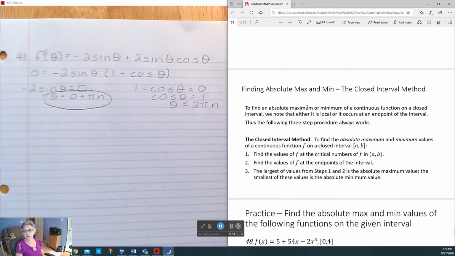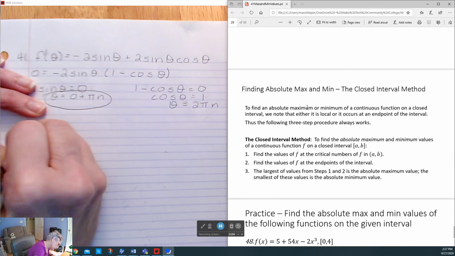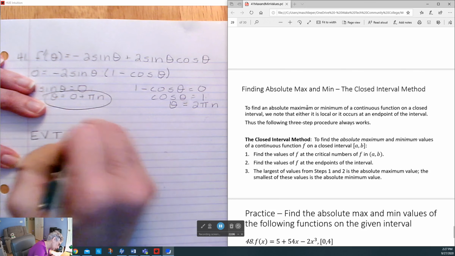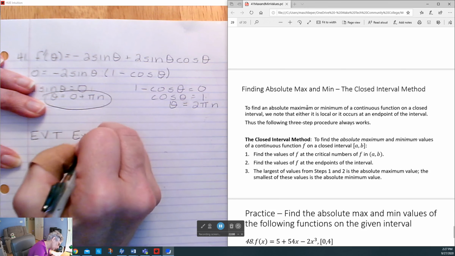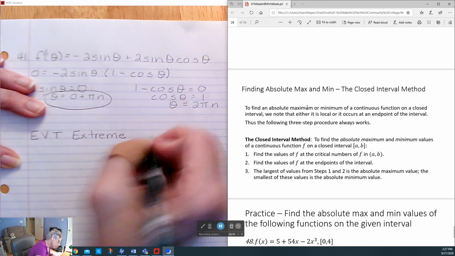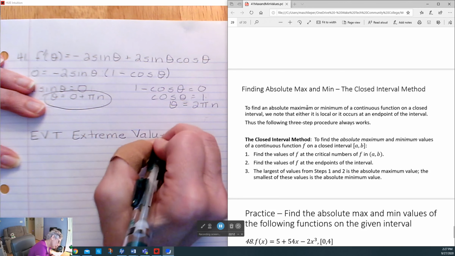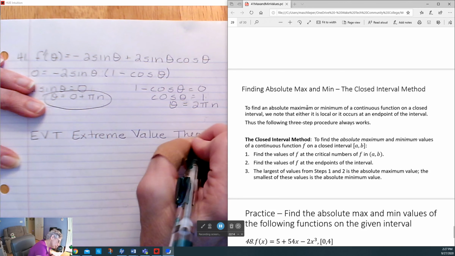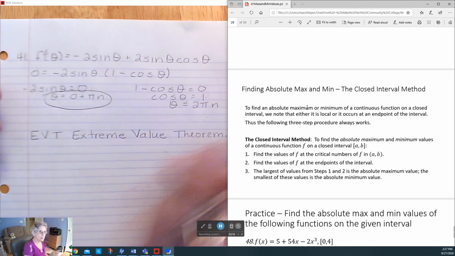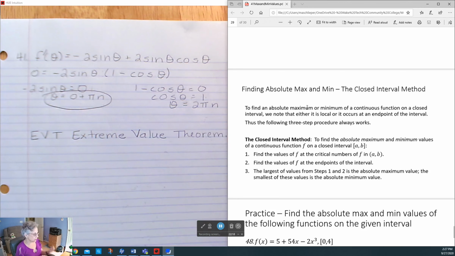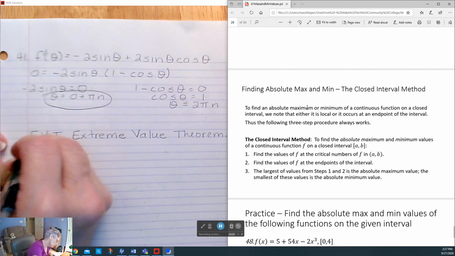So finding absolute max and min, the closed interval method. This is using the extreme value theorem. Remember the extreme value theorem, I'm going to call it the EVT. Extreme value theorem. There aren't many guarantees in this world, but the extreme value theorem guarantees you a max or a min.